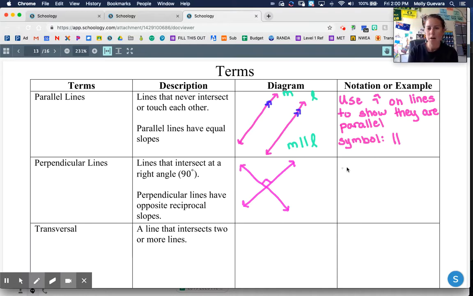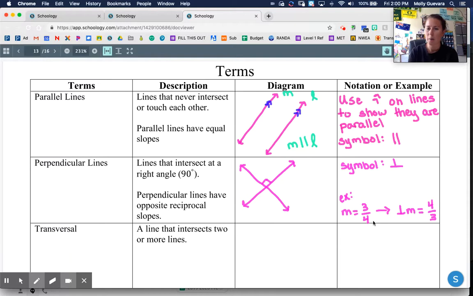Okay, so the symbol for perpendicular lines is an upside down capital T, just as so. And then here, perpendicular lines have opposite reciprocal slopes. So what that means is, as an example, if one of these lines has a slope of 3/4, okay, then the opposite reciprocal, so we can say the perpendicular, right, because that's the symbol, slope, would be the reciprocal, so I flip the fraction.